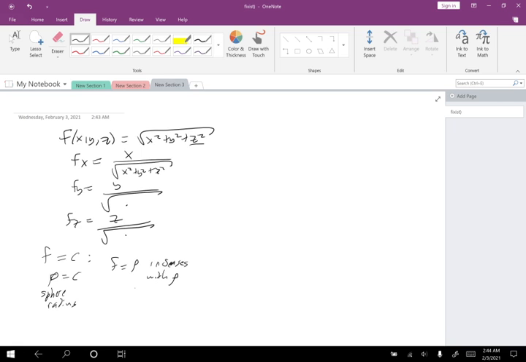So that means the gradient f length increases with rho. Oh, no, I'm sorry. What I meant to say was the direction. So that means gradient f points in the radial direction, so it points out.